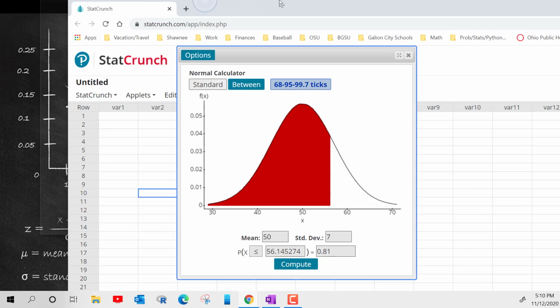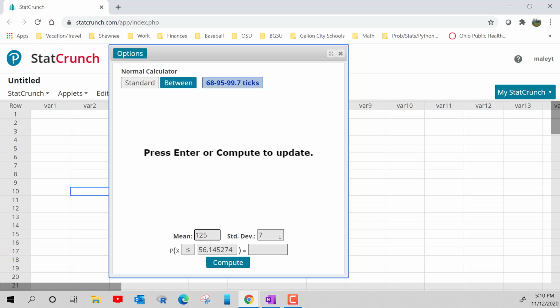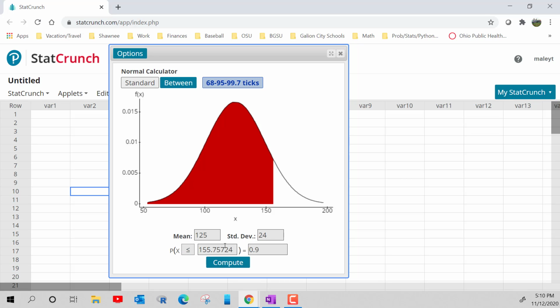So if I use Statcrunch, I need to change the mean to be 125. The standard deviation was 24. And we want less than, right? We're finding area to the left. And the area we want to be 0.9. So I type in 0.9 here, hit compute, and that gives me the reading score, right?